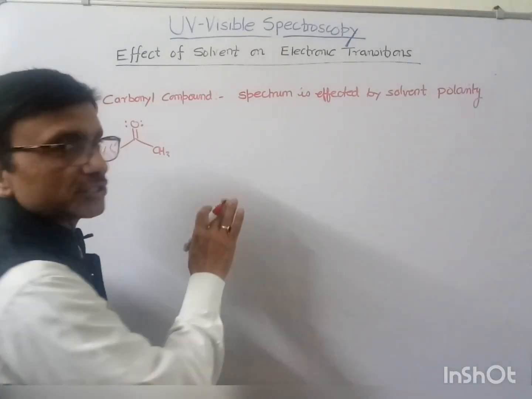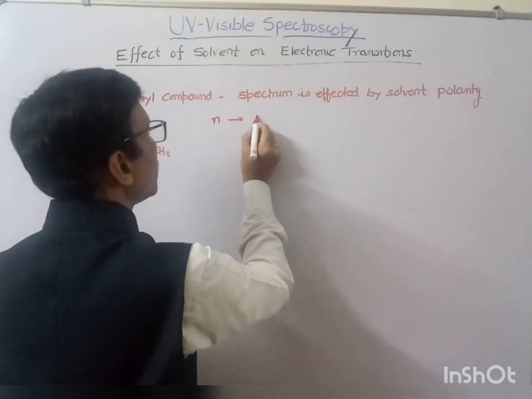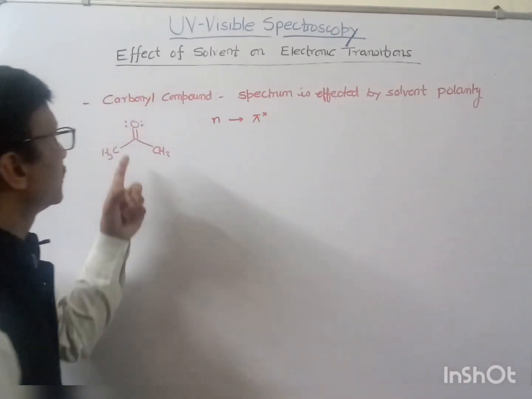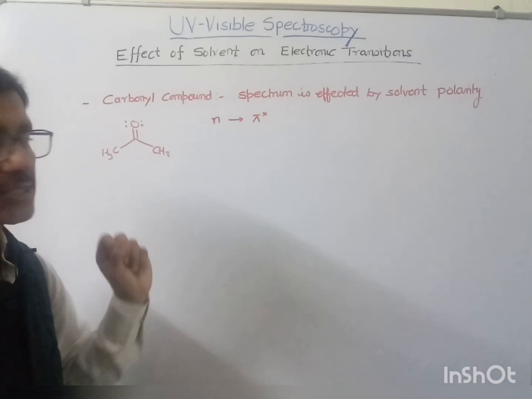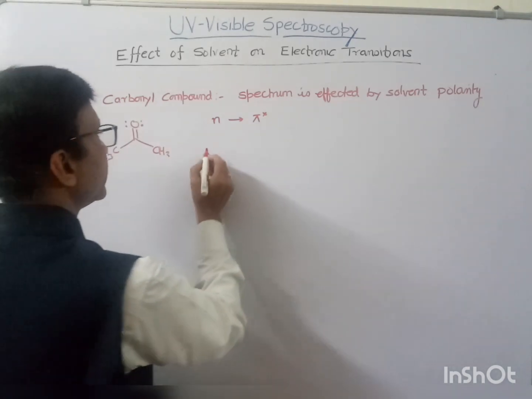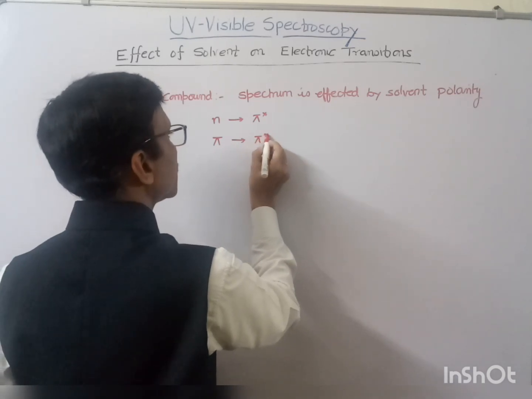The main transitions possible: one is the n to pi star transition, where the non-bonding electron or lone pair electron goes into the pi star molecular orbital, and the other is when pi electrons go into the pi star molecular orbital.